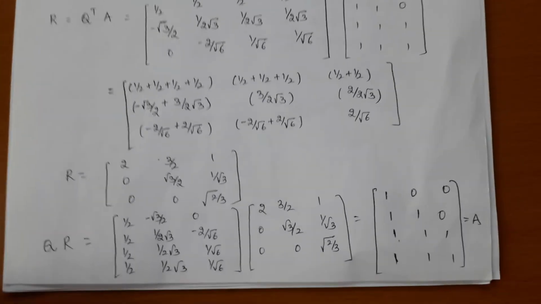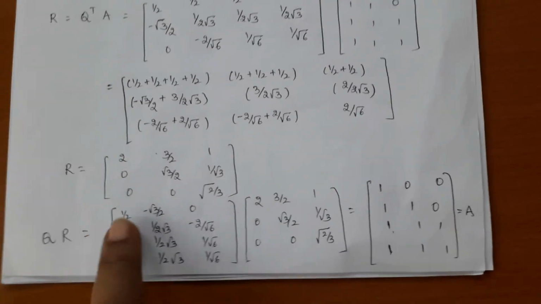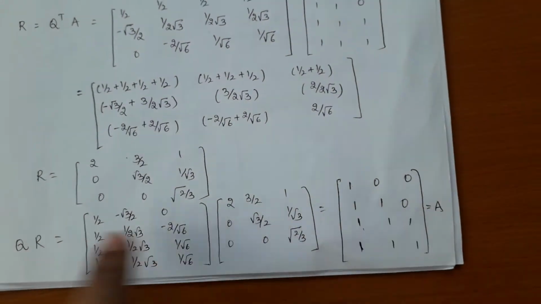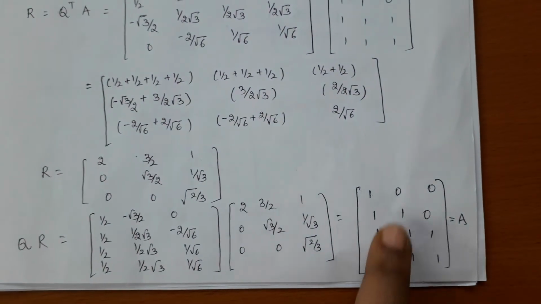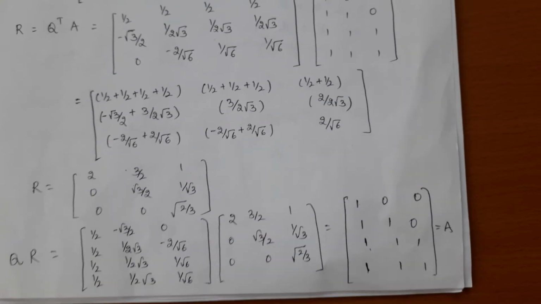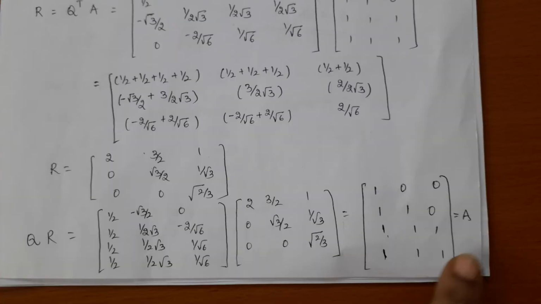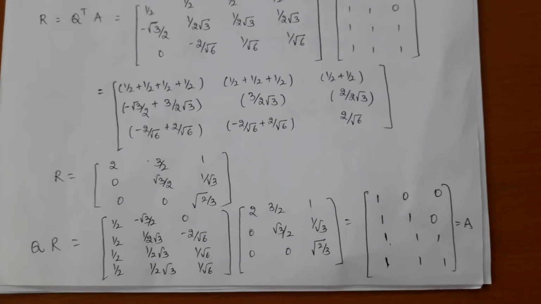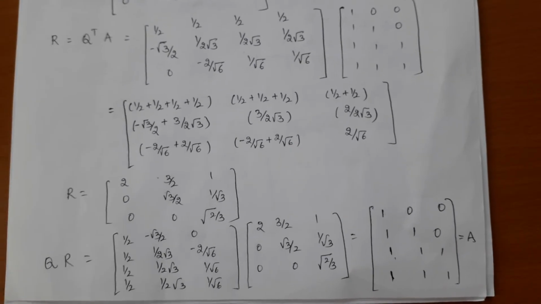Suppose you did it correctly, I multiplied row into column and verified before writing. I did the calculation in a separate rough book and then substituted the values. Then I can confidently say that the solution is correct.